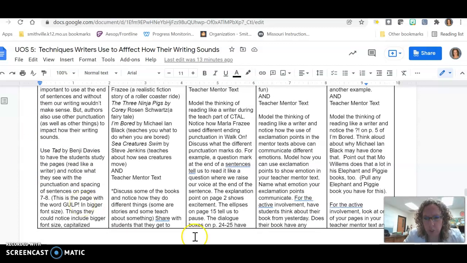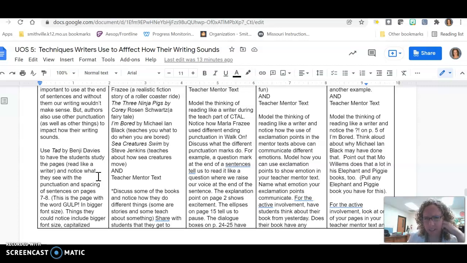Make sure that when you are using a mentor text, you refer to the author's name. So for example, when you're reading Tad by Benji Davies, you could say to your kids, and we hope that you say to your kids, you could be just like Benji Davies. You could be just like this author, and you could use capital letters that impact how your reader reads your book.